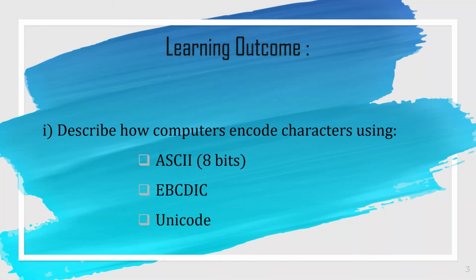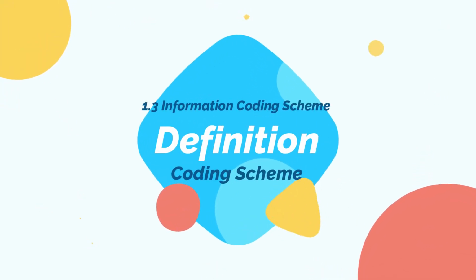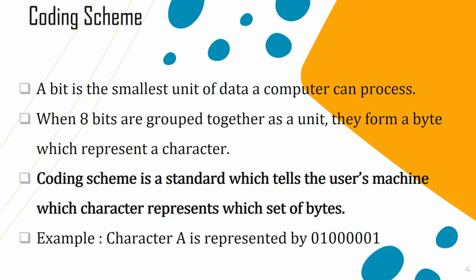So let's move on to our first learning outcome. As you had learned before, a bit is the smallest unit of data a computer can process. And when 8 bits are grouped together as a unit, they form a byte, which represent a character. So what is coding scheme?